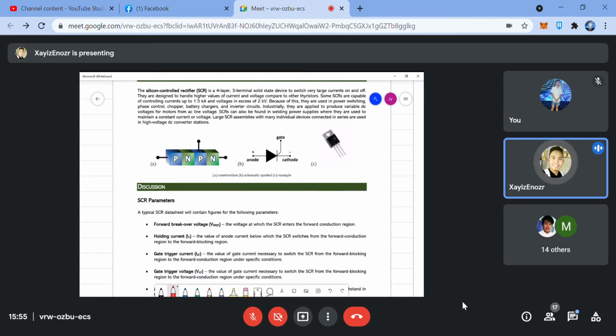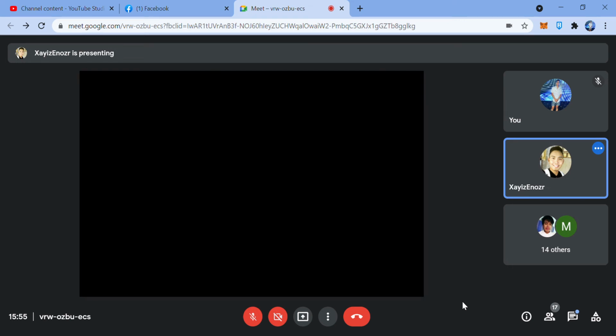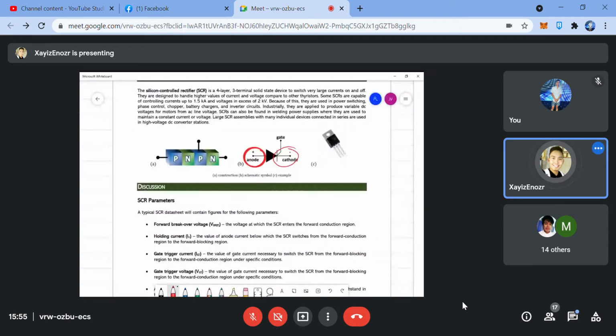Kung mapapansin nyo, okay, ang schematic symbol niya is parang sa diode lang. Okay, meron siyang anode, tsaka meron siyang cathode. So ang nadagdag is meron siyang tinatawag nating gate.